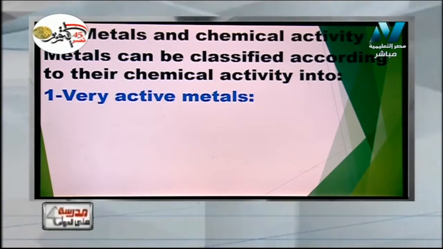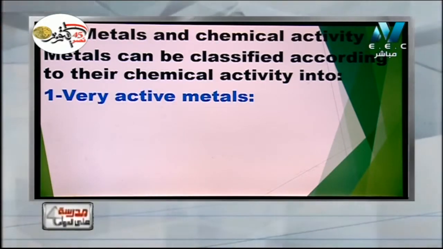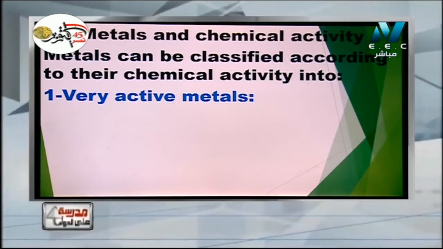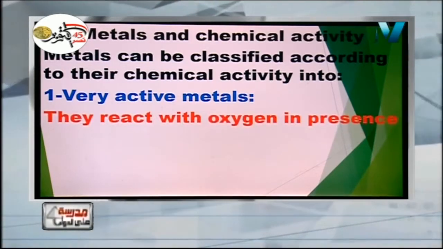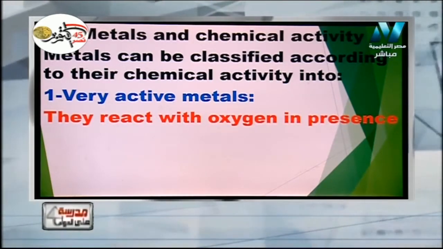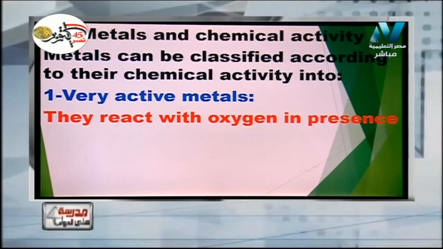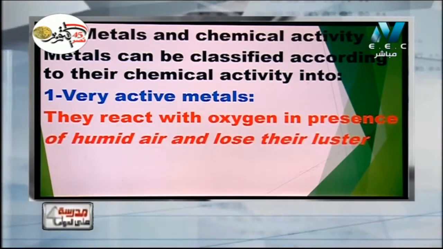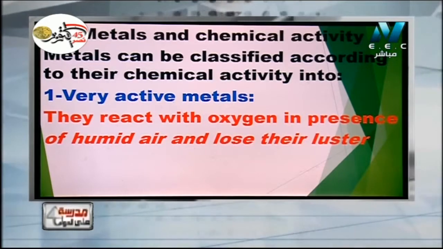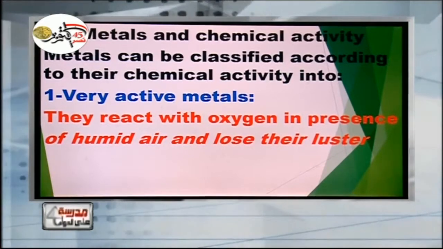Number one, very active metals. What's meant by very active metals? Very active metals are metals that react with oxygen in presence of humid air and lose their luster. As you know, my dear student, as we studied in primary 4, metals have metallic luster.